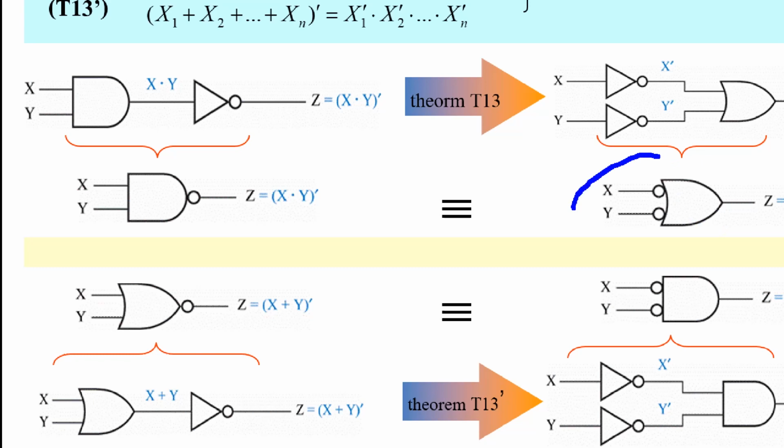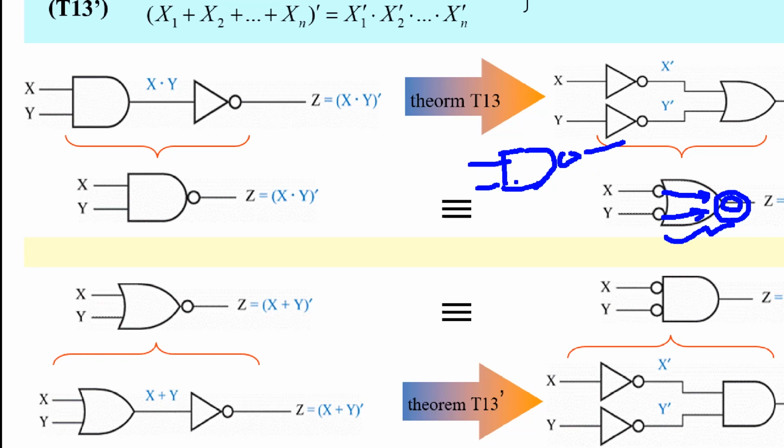Or if you have this one, you can move this inversion bubble, this circle, from input to the output side. Again, when you pass through this body, the body will change form, from OR to AND, then from AND to OR, and the inversion bubble can move to the output.